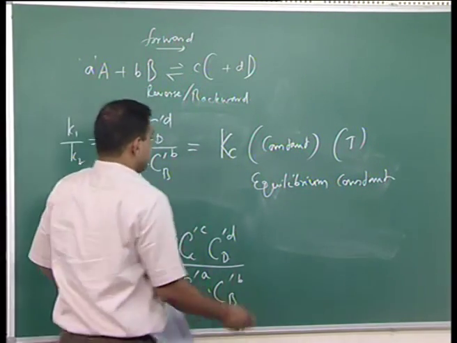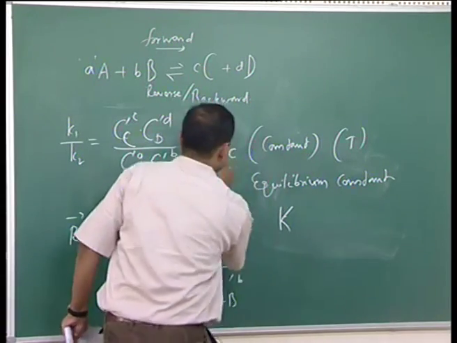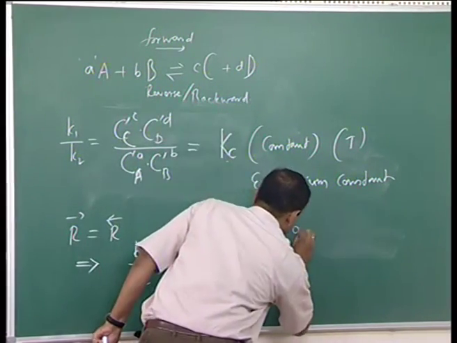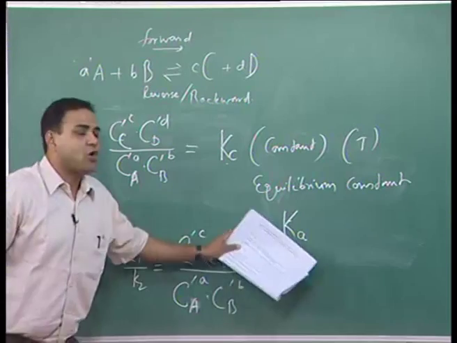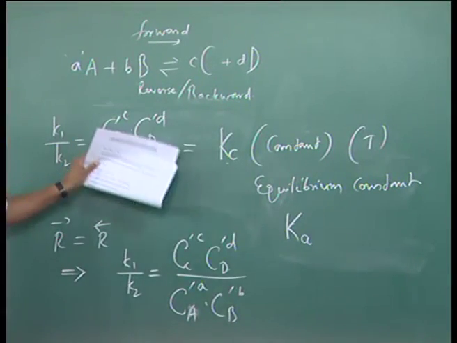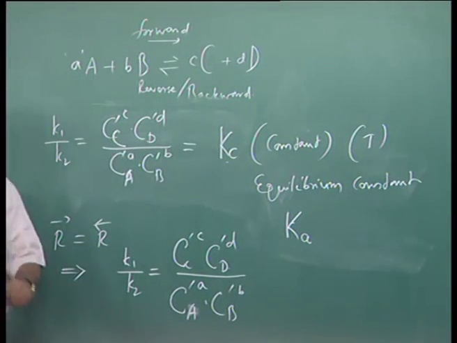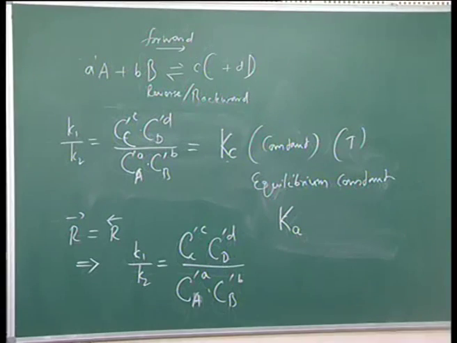Now if this K is termed as Ka, then the species are considered not in terms of mole fraction, but as activity. Okay.